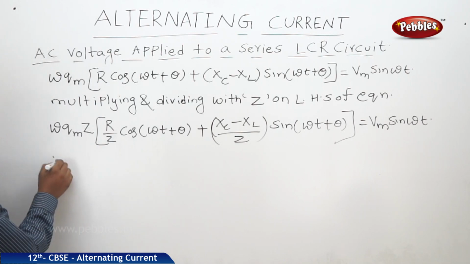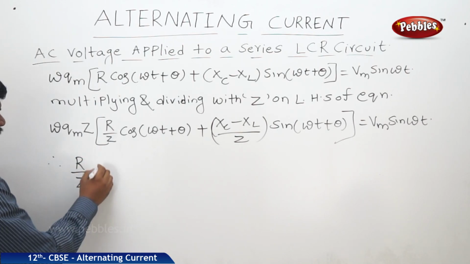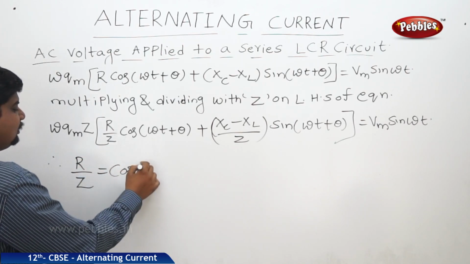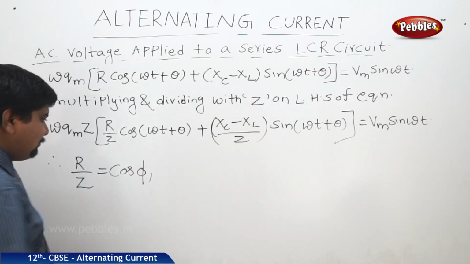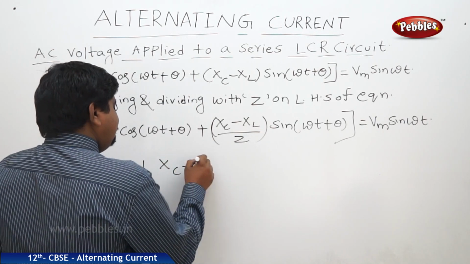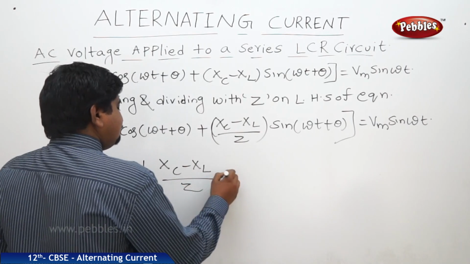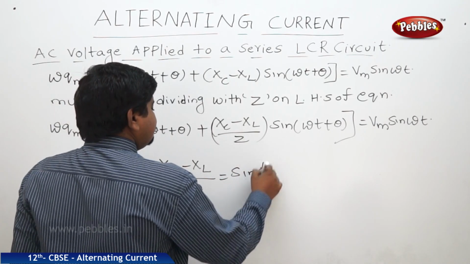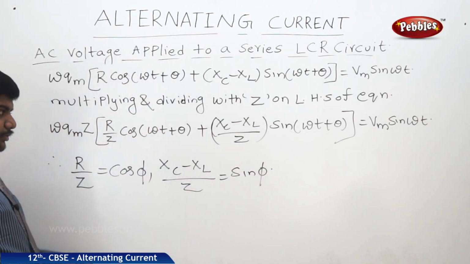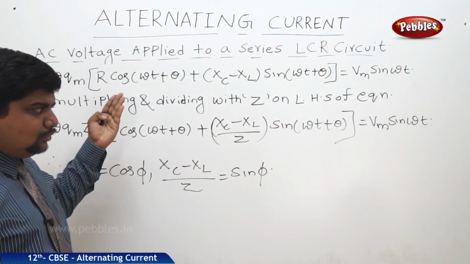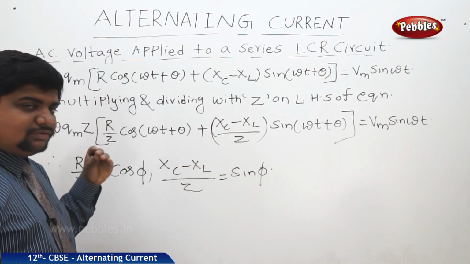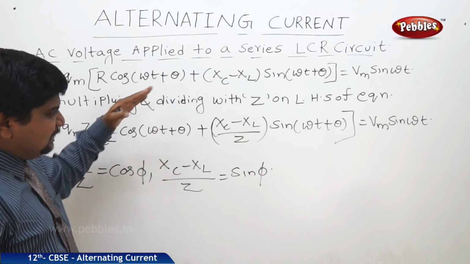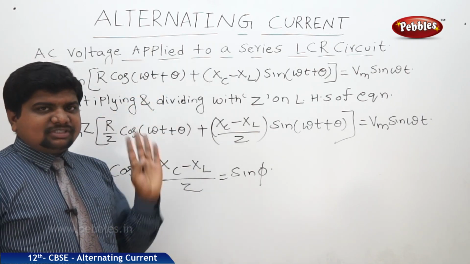Now let us write R/Z is equal to cos φ and (XC minus XL)/Z is equal to sin φ. What is the reason? Our first work is to simplify the equation as much as possible.